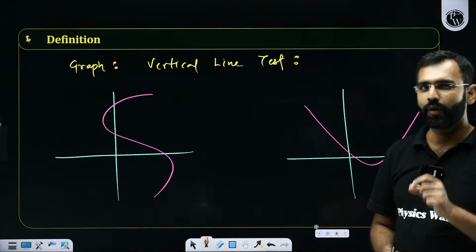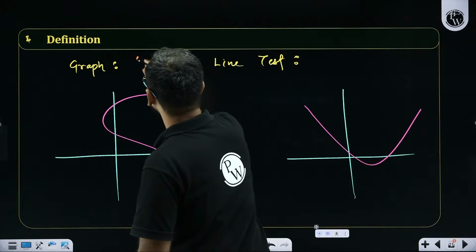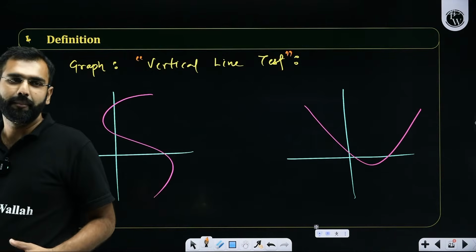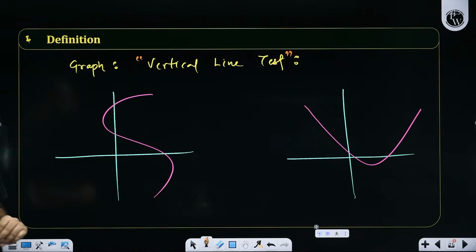Can somebody tell me what do we do with the vertical line test? Is anyone aware of this vertical line test? Can somebody in the comments tell me what we really mean by the vertical line test? Anyone?